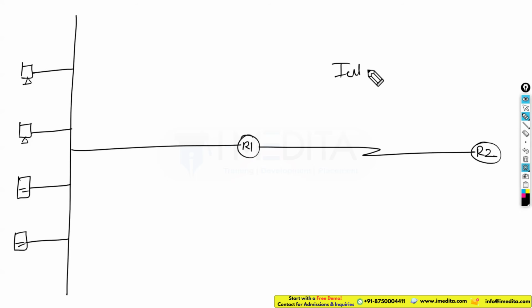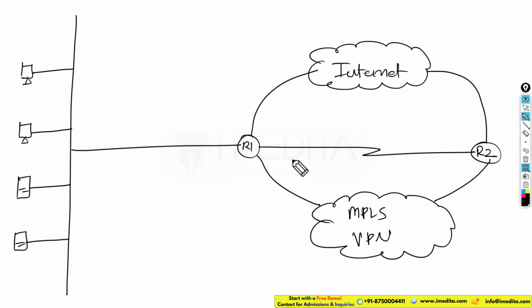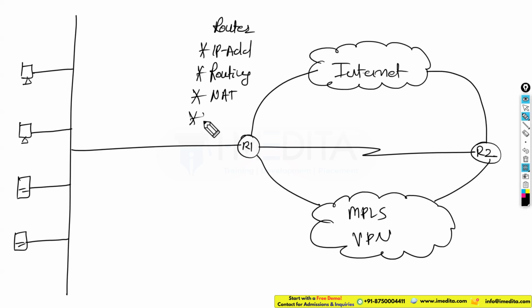They can be connected to each other via internet. They can be connected to each other via MPLS VPN. Now, on this router, first of all, we will configure IP addressing. We will configure here routing. We will configure here IP addressing, routing, NATting, VPN, and MPLS.